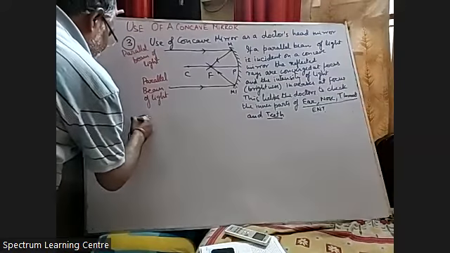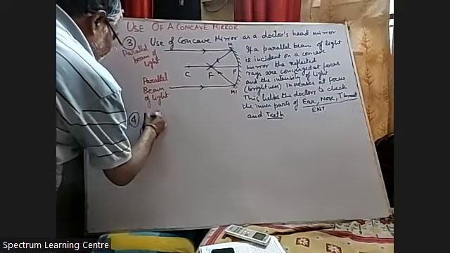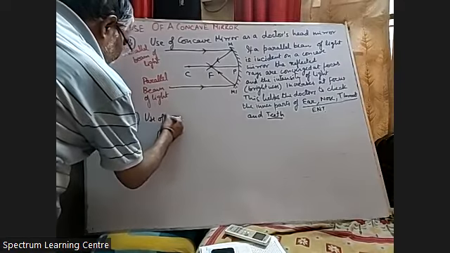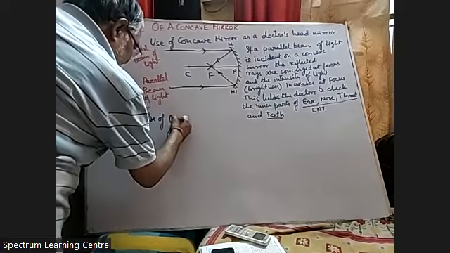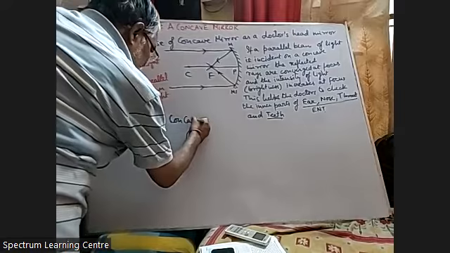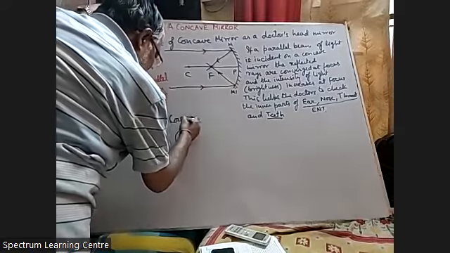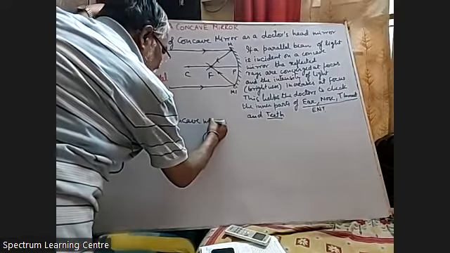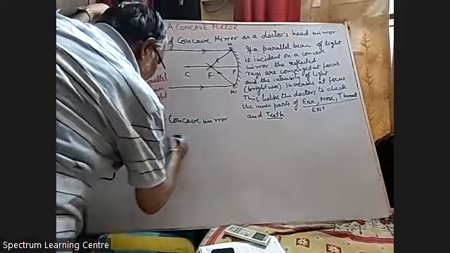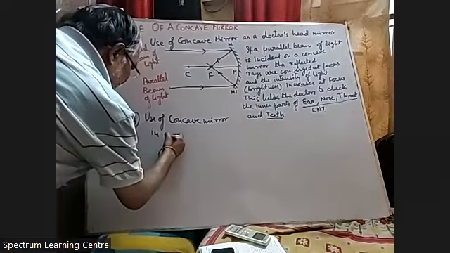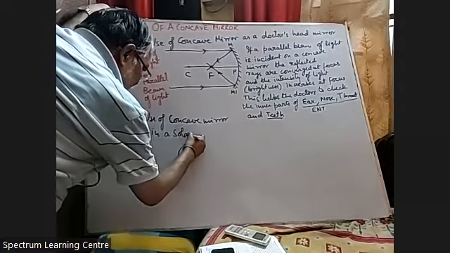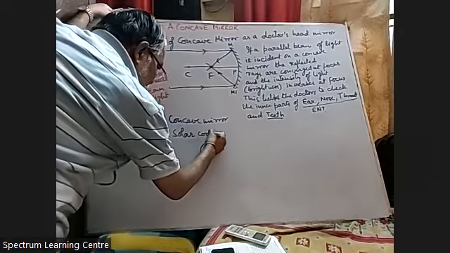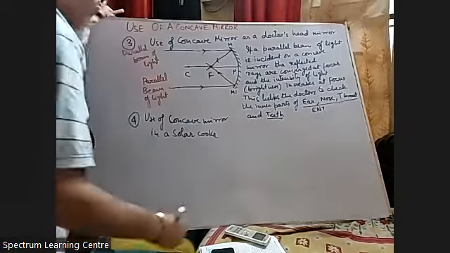Now, use of a concave mirror in a solar cooker. The same funda is used.